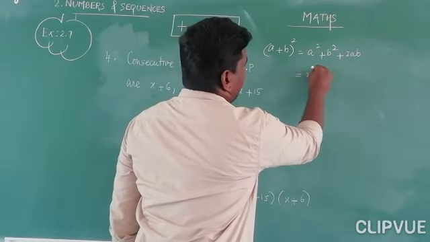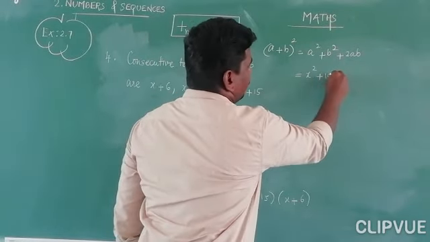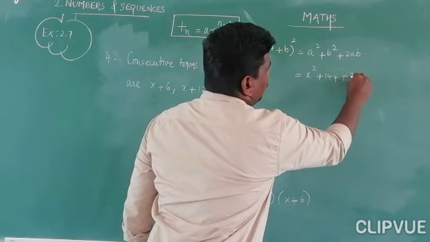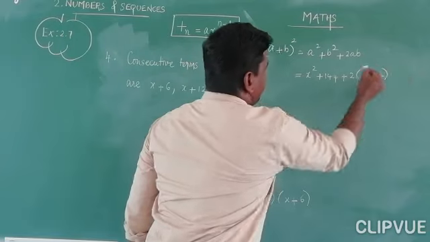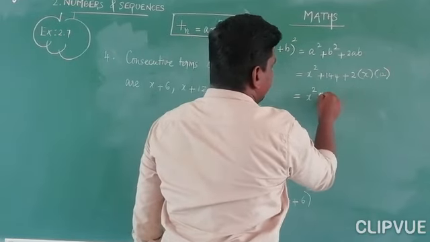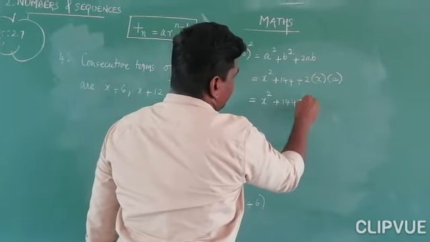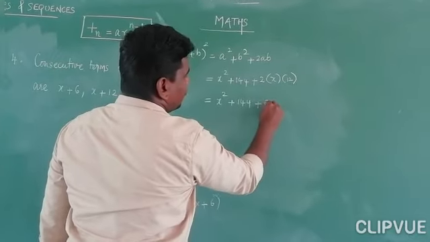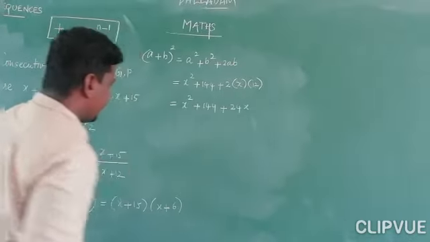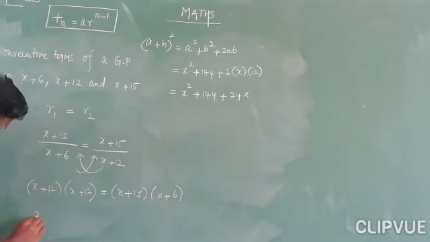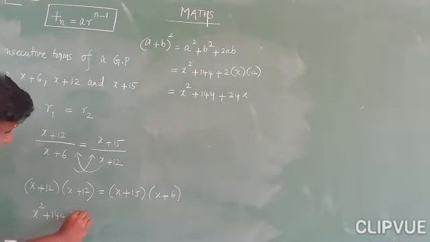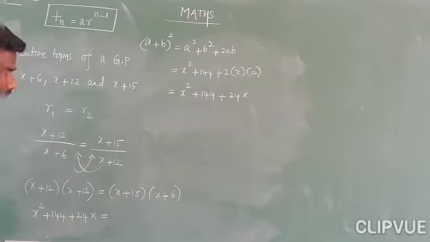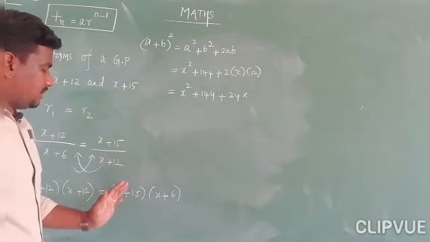So x square plus 12 square, which is 144, plus 2 into a, x, and b, 12. After simplification we get x square plus 144 plus 24x.